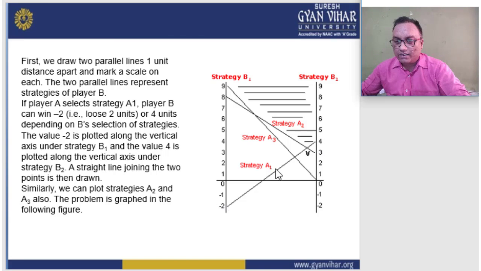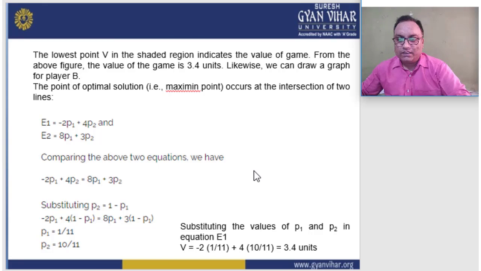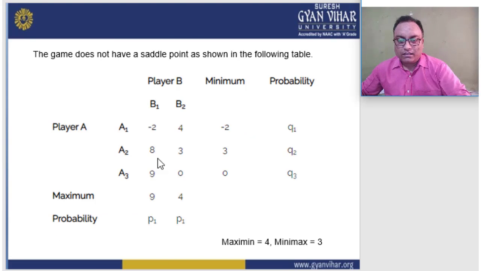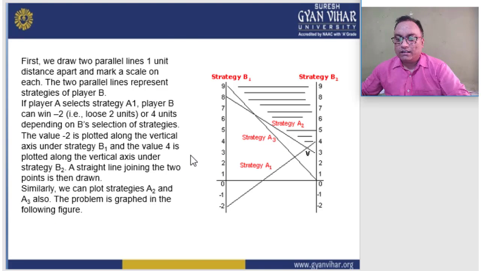This is for strategy A1, and now the strategy A2 line. For strategy A2, the values are 8, 3. For B1 the number is 8, and for B2 the number is 3. So we can draw a second line, the strategy A2 line.